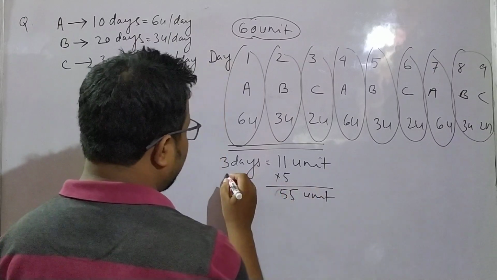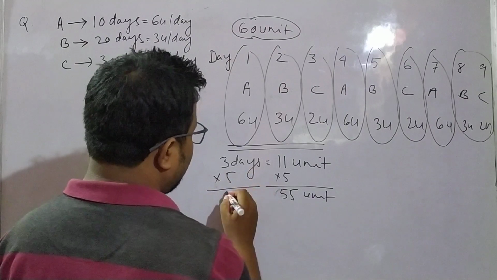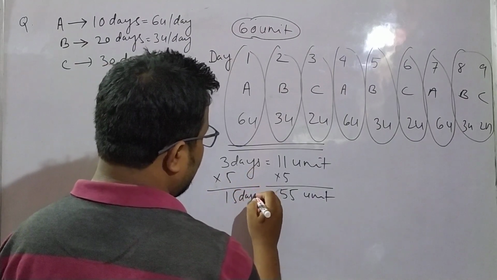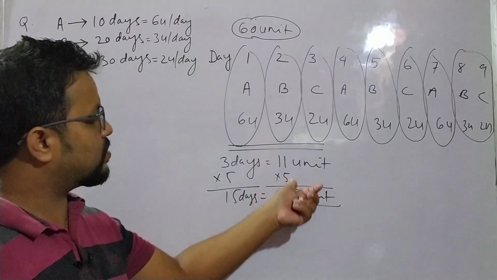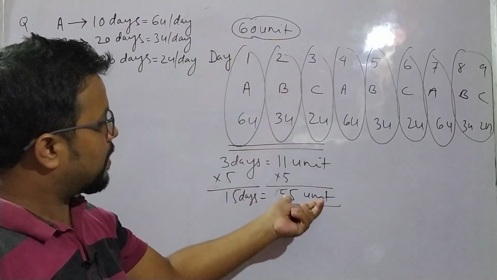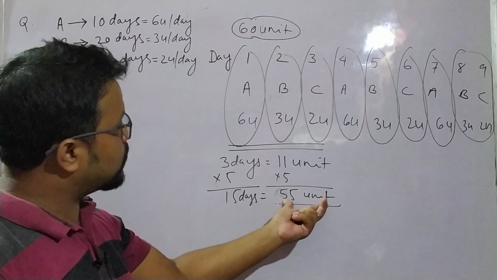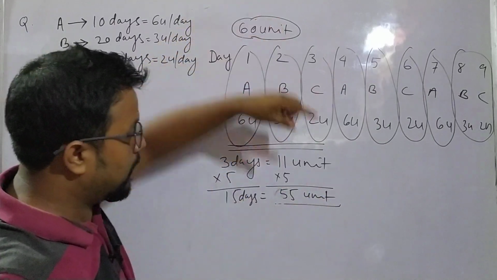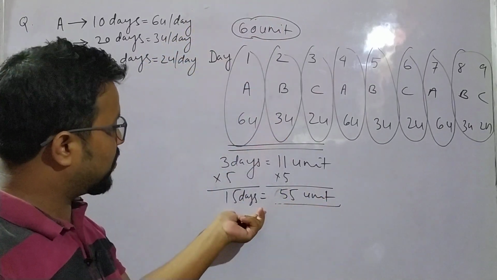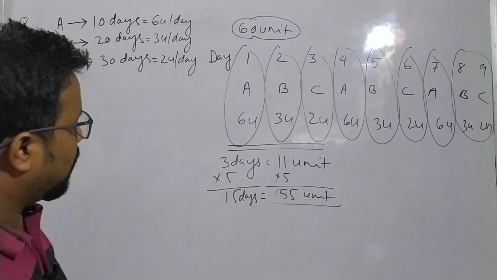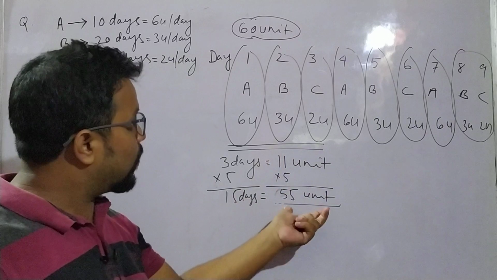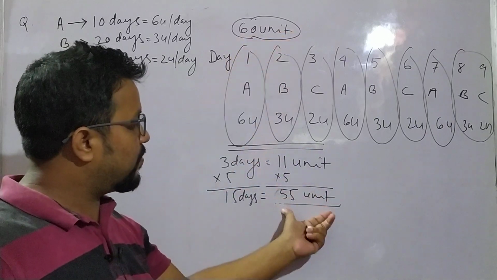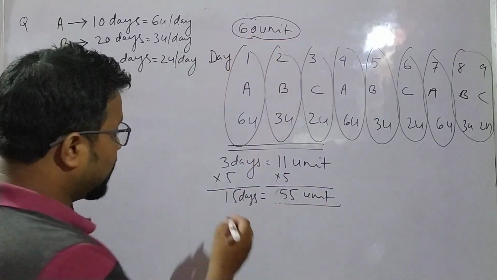This also with 5, so in 15 days 55 units are completing, not with 6, because it will be 66. It must be smaller than the total work. Total work is 60 units, but I am doing 55 units in 15 days.